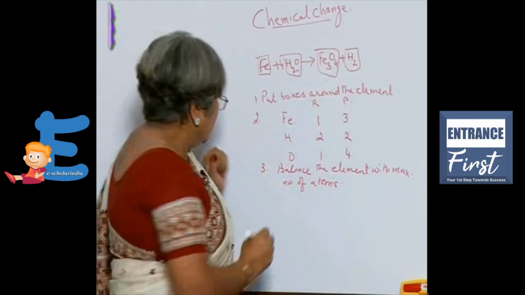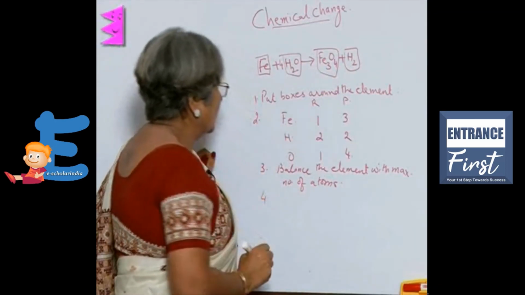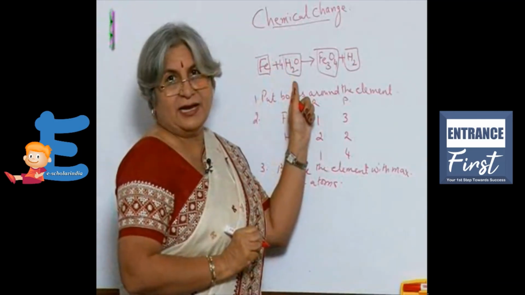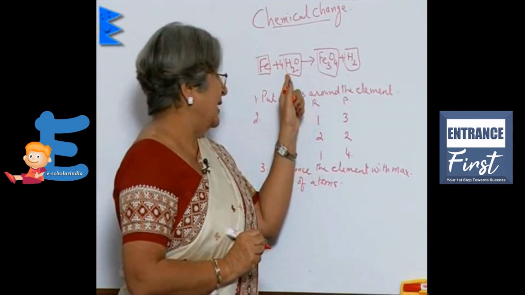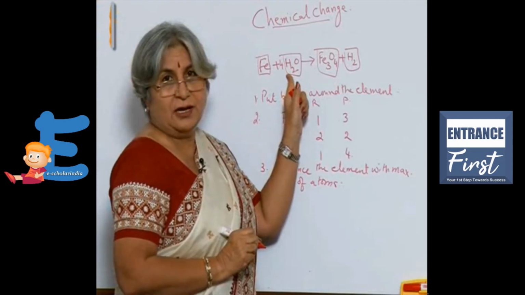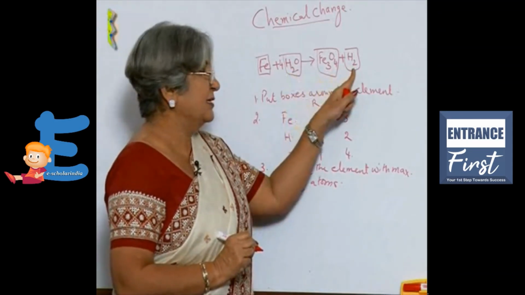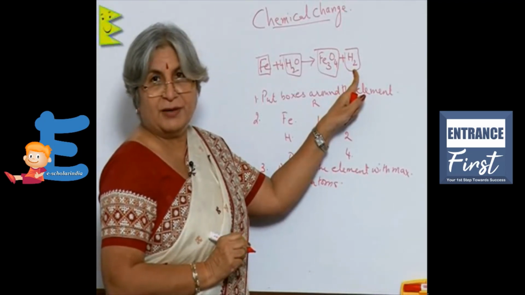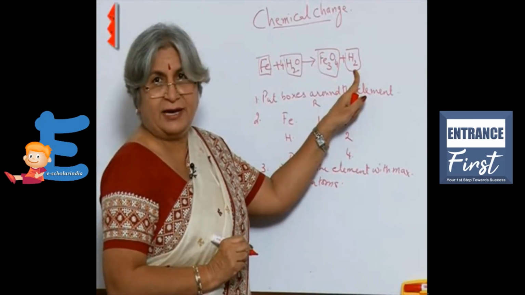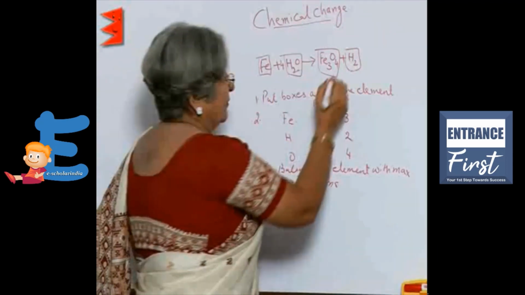Right? In the fourth step we move on to the next element. Now by taking 4 molecules of water, the hydrogen atoms have become 8, but here it is only 2. So how many molecules of hydrogen do we need to take? Again 4.